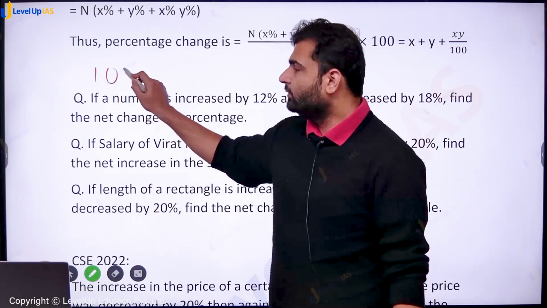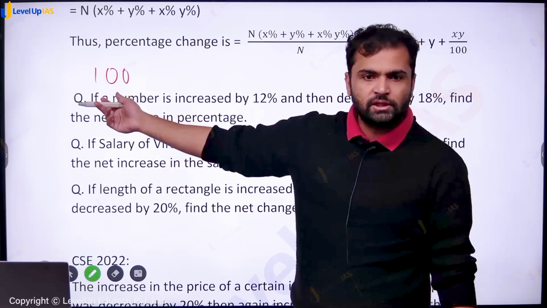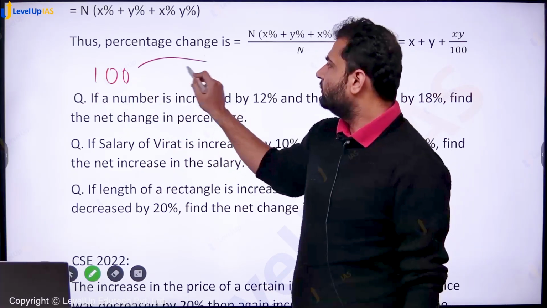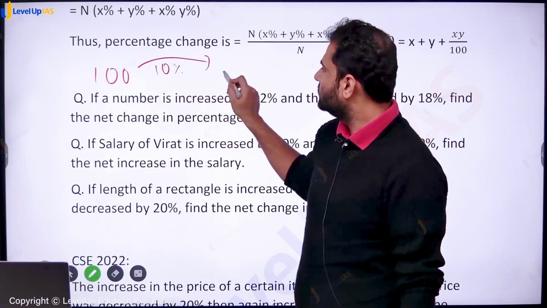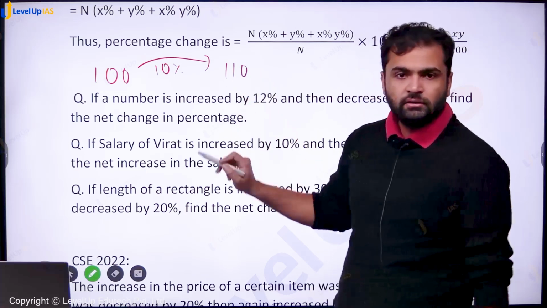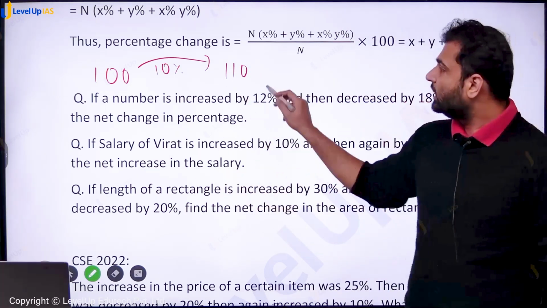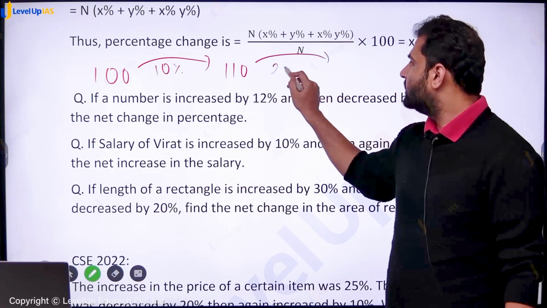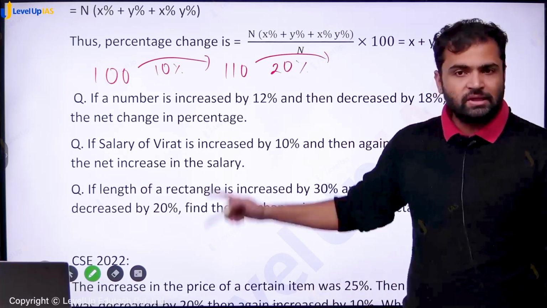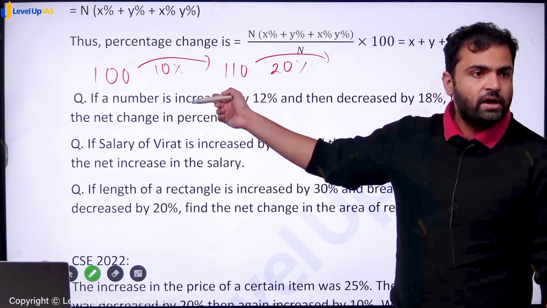We start with 100. Let us say Virat's salary was 100. With a 10% increase, it becomes 110, and there is again a 20% increase. That 20% increase is on the base of 110.